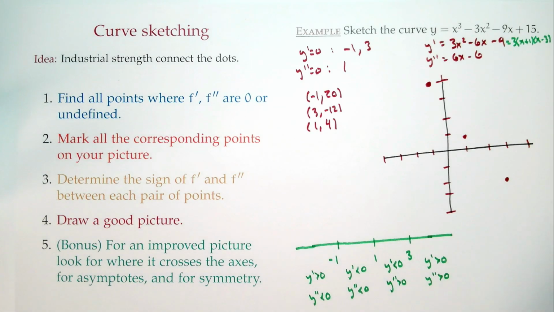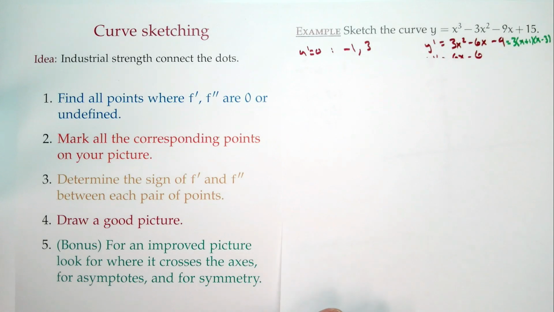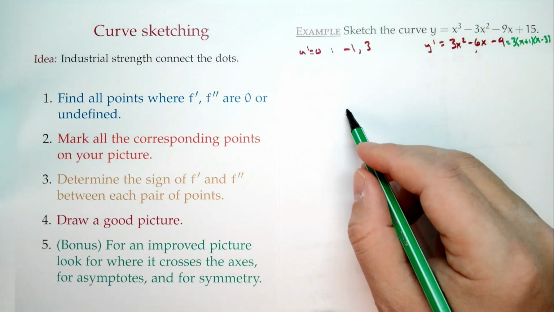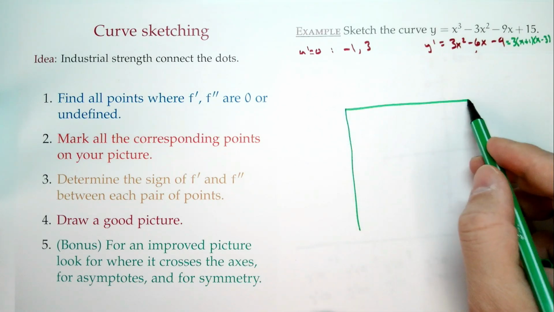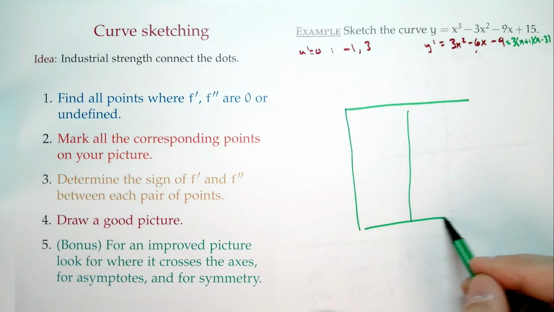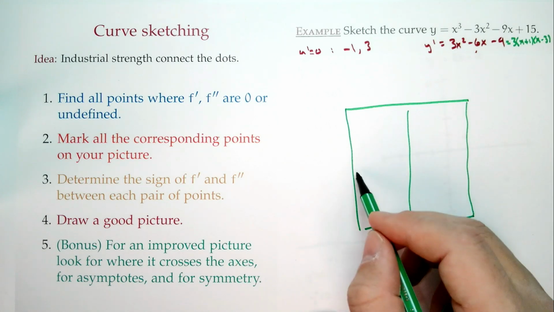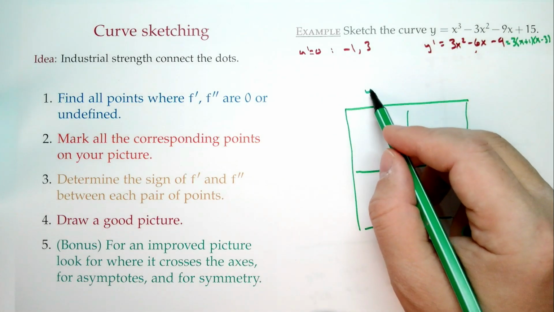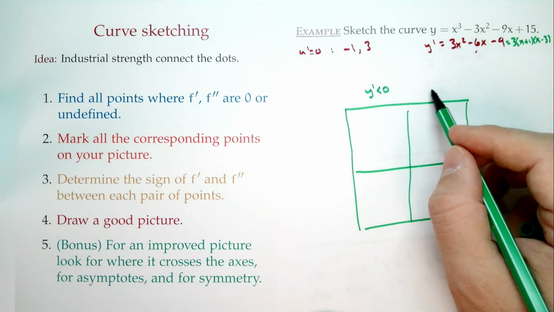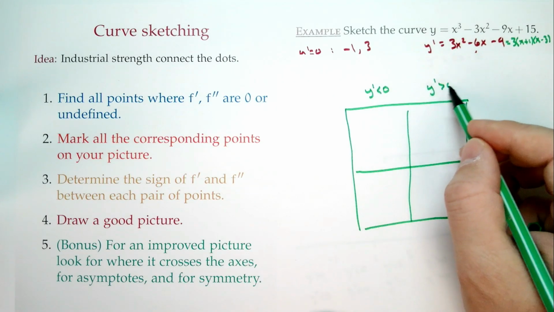Now, why is this important? Well, let's take a moment to talk about our shapes. I'm going to cover this up for a second so we can talk about them. There are essentially 4 possibilities. We could have y prime negative, or y prime positive.